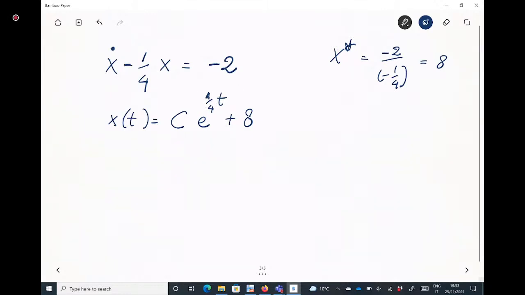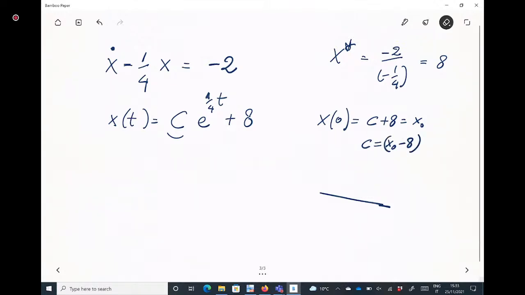So the initial deviation from the steady state, again, if you want to impose an initial condition, you get that c plus 8 must be equal to x0, and again you have that c is equal to x0 minus 8, okay? So this c is x0 minus 8.